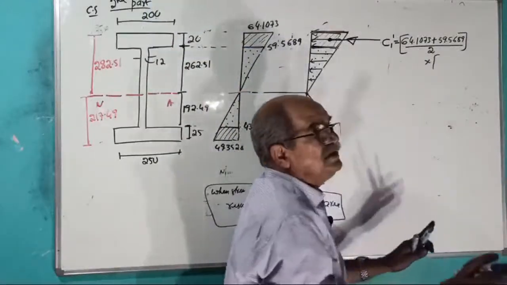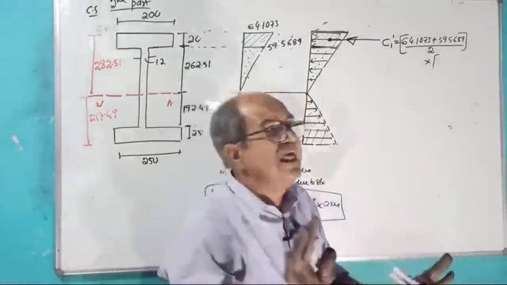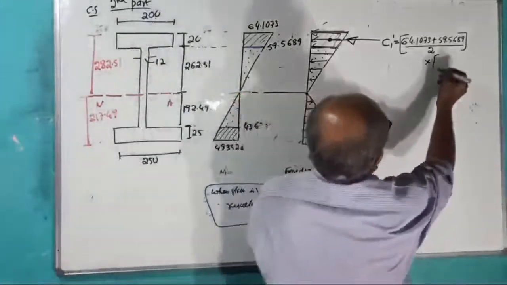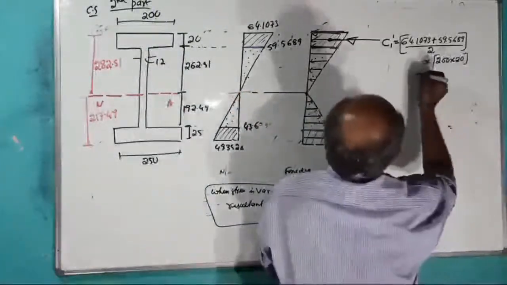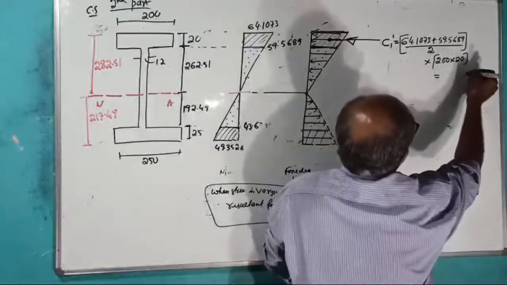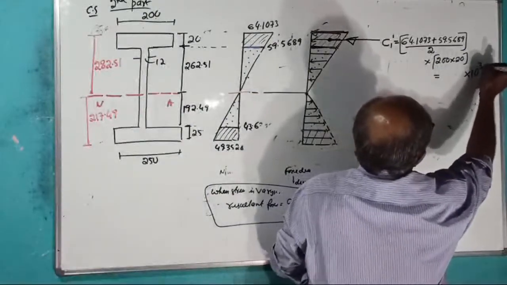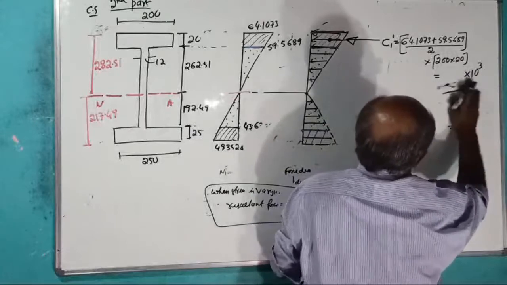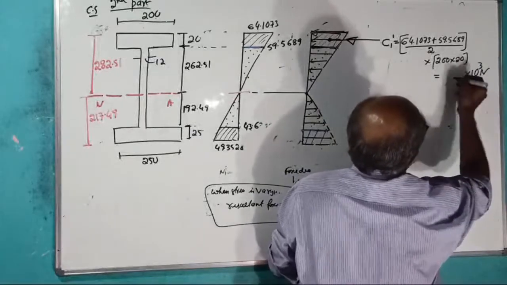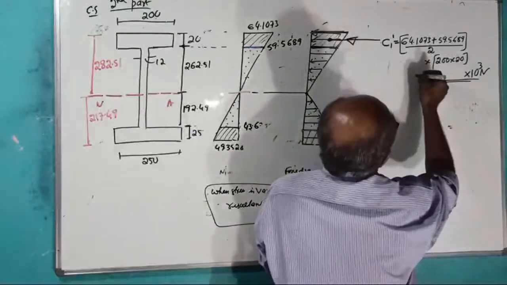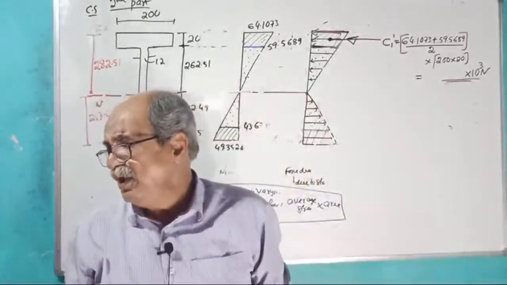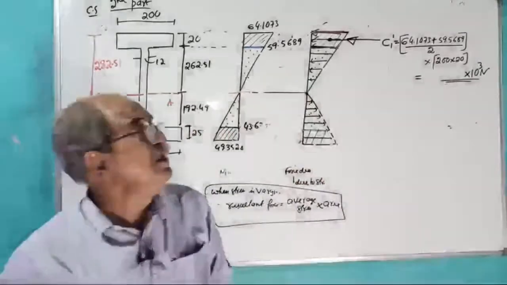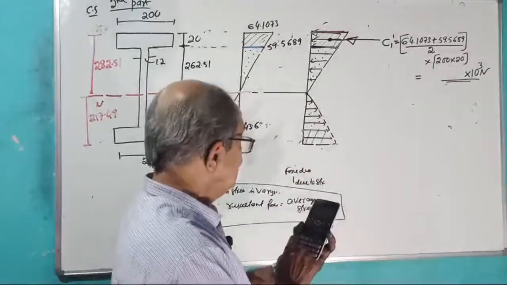Area means contact area, cross sectional area, 200 by 20. Tell fast this answer in 10 to the power 3 Newton. I want 4 decimal accuracy. You are not giving, I should calculate.